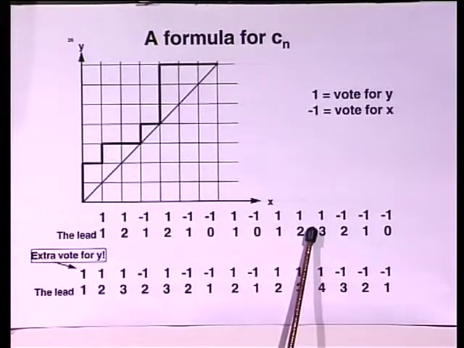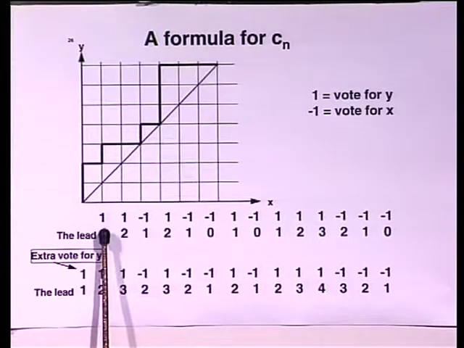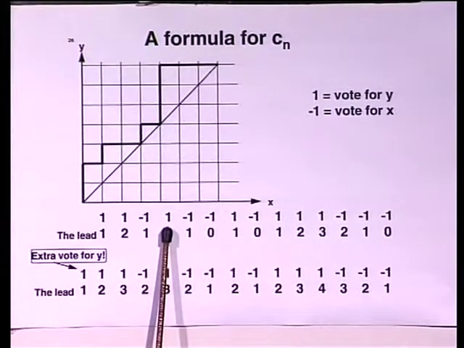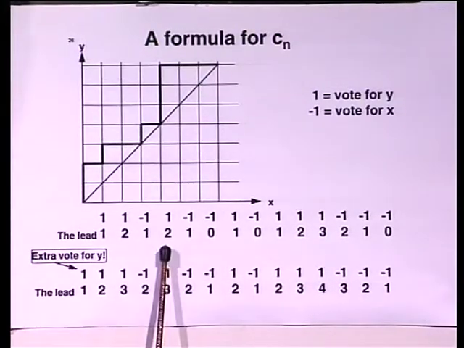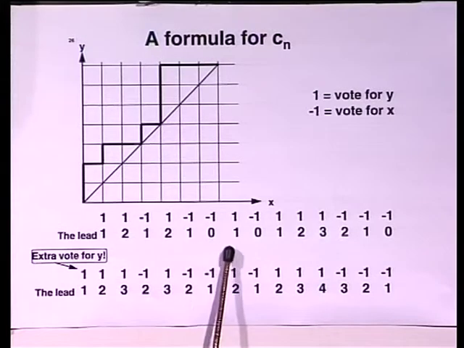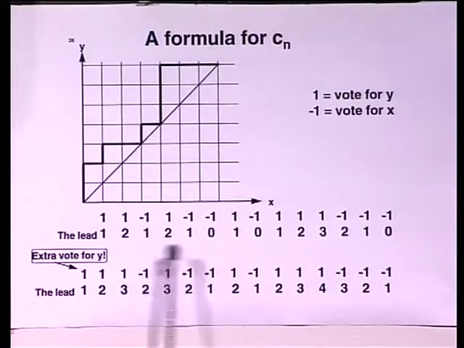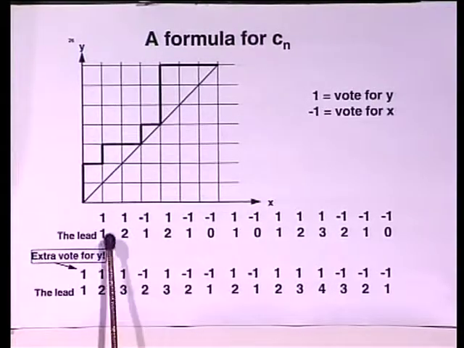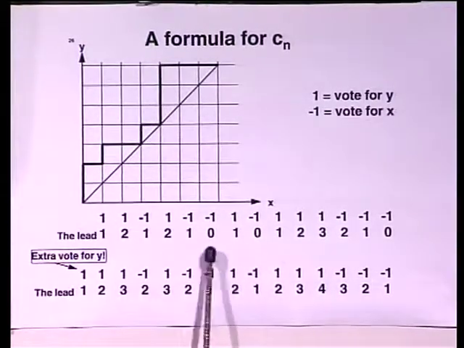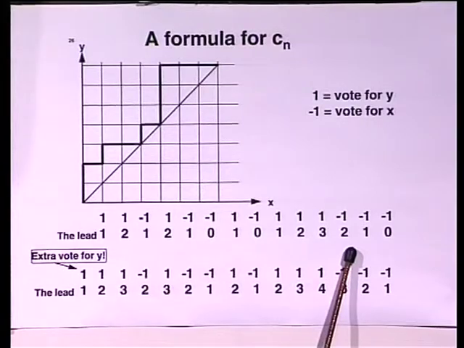Now, we know that this is a Jones election, and therefore the lead of Y over X is never negative. And that means that when we add up these numbers, term by term, as I have done here, we shall get the lead throughout the process of counting. And this sum then, this running sum of the numbers 1 and -1, will never become negative.